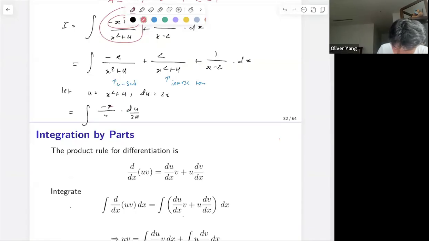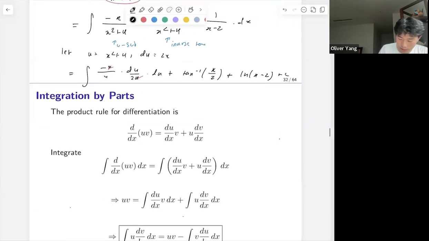All right, you can see the x's cancel out. Plus, this is already in the form, so I'm just going to do the integral already. So du, plus this is going to be tan inverse x on 2, right? Plus ln x minus 2 plus c, right?